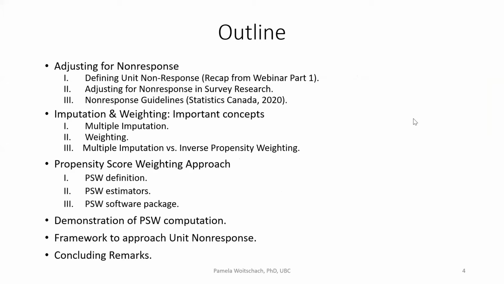To remind us of most of the important concepts, we will begin with some information from part 1 of the webinar. We will define unit non-response and what adjusting for non-response means. In the next section of this webinar, we'll be talking about one tool to adjust for unit non-response, and a demonstration of its use will be presented.